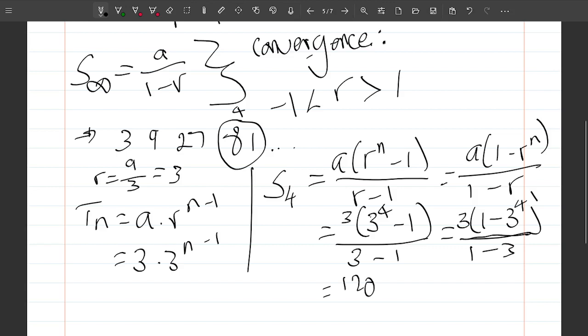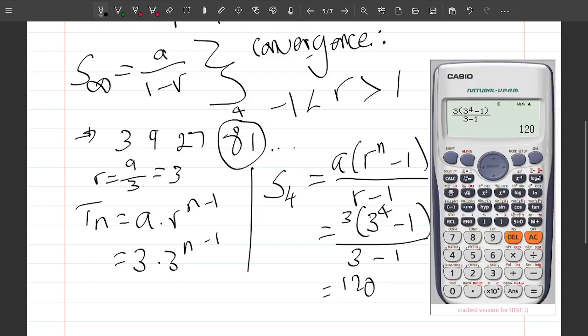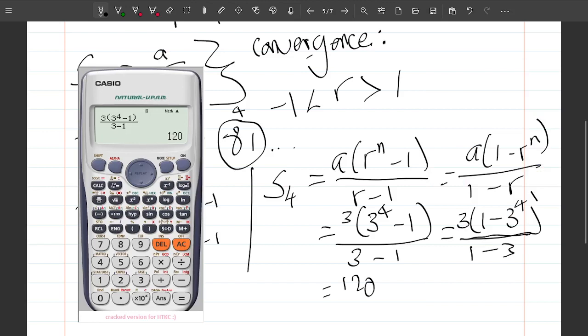Let me grab the calculator and put it on this side for the sake of visibility. So I still have 3 multiplied by (1 minus 3 to the 4th), all divided by 1 minus 3. We still get 120. So regardless, you still get 120.